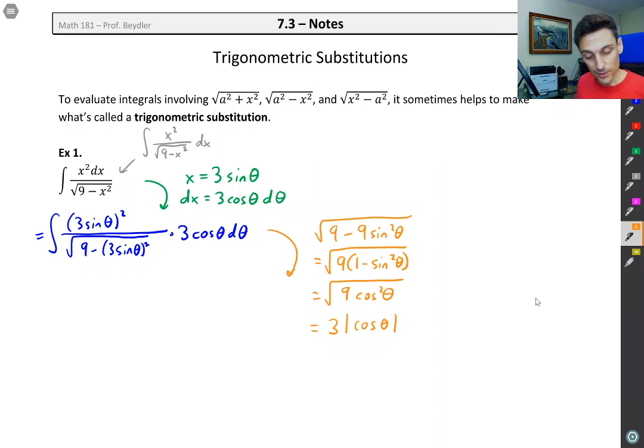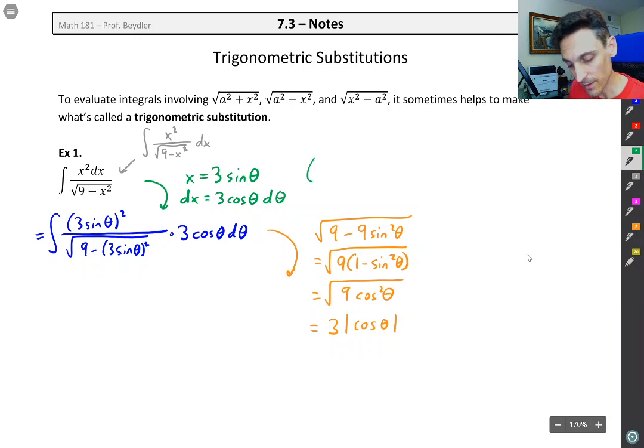But what we're going to do is go back up here where we made our substitution, x equals 3 sine theta, and make a little restriction on the possible values of theta. We're going to say that theta is between -pi/2 and pi/2.